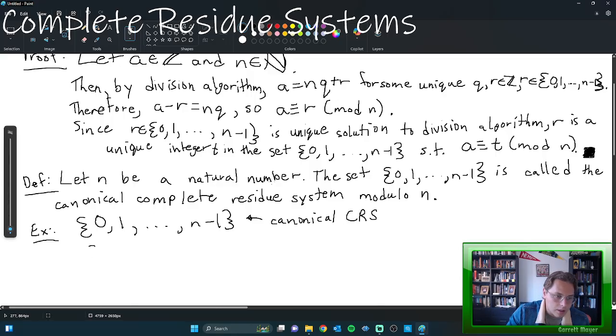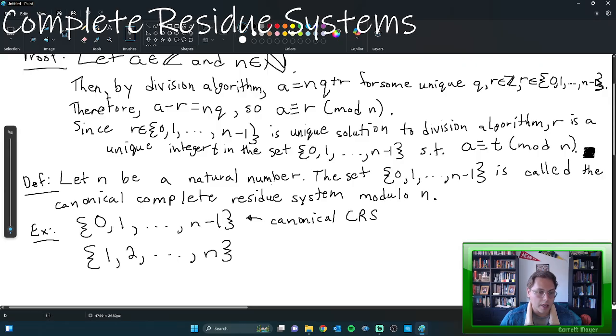But another example would just be this. And this has the same property, where you can represent all integers modulo n just with this set, every single number, because 0 is congruent to n, and then all the other numbers are all the other congruences that we already have covered.